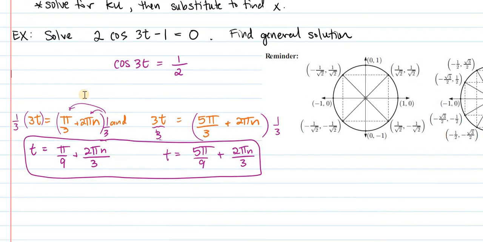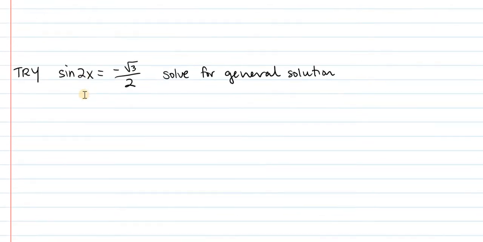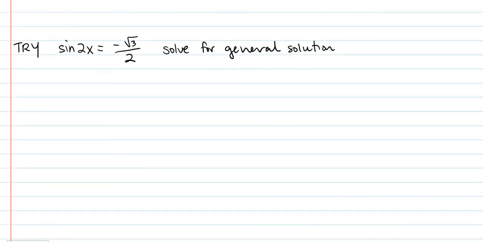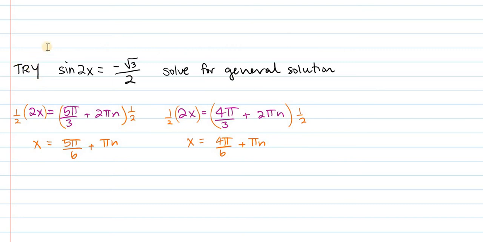Okay, why don't you pause the video here and try this one? Okay, in this example, sine 2x is already isolated, so we're going to use our inverse trig and our unit circle to figure out that the sine of x equals negative root 3 over 2 when we have 5 pi over 3 or an angle of 4 pi over 3.